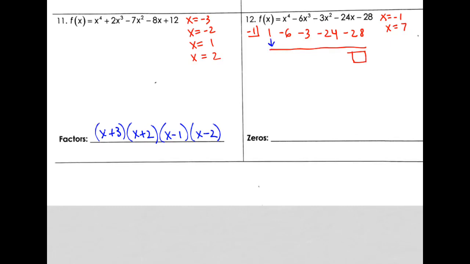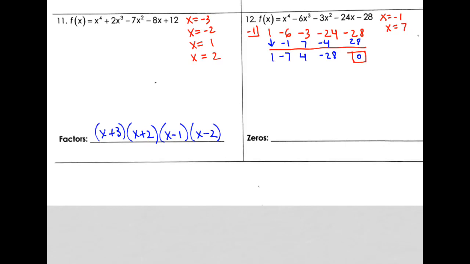And we're doing it quick, guys, because once again, it's redundant. So, -1, it's -7. -28, -28 times 1 is a +28. That's what we're looking for. It's a 0.